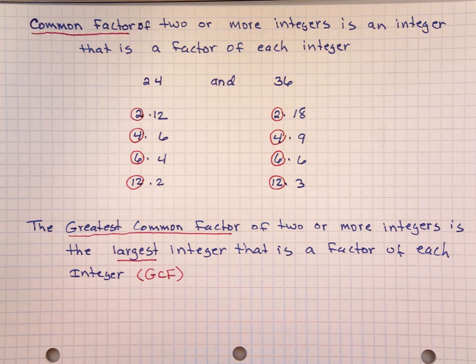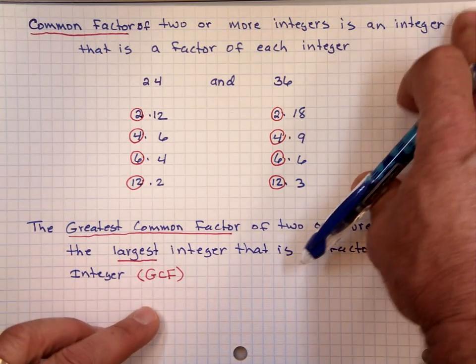So how do we find these numbers? How do we find the greatest common factors for integers only? Let me give you 3 numbers and see if we can find the greatest common factor.